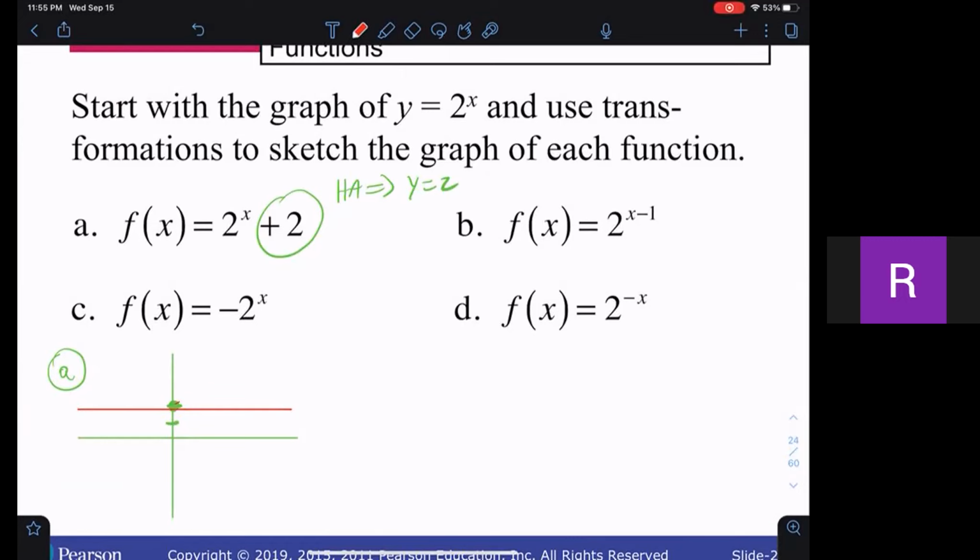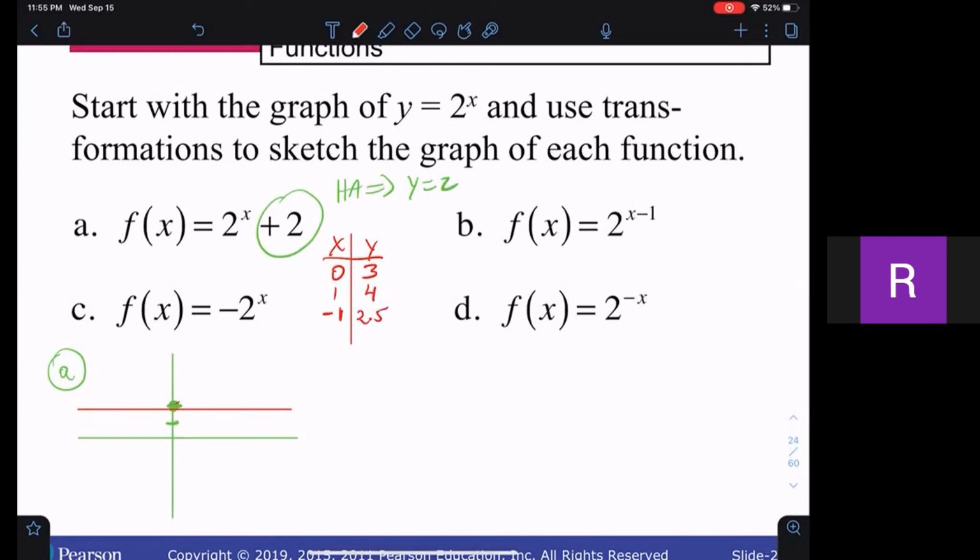And now we need to find the numbers, right? We need to do the graph. So this is x and y. And at this point, you can put easy values, put 0, that's always 1, right? So that's 3. And then put 1, that's going to be 4. And then you can put negative 1, if you want, right? So negative 1 is going to be 2 to the negative 1, that's 1/2. So that's going to be 2.5.